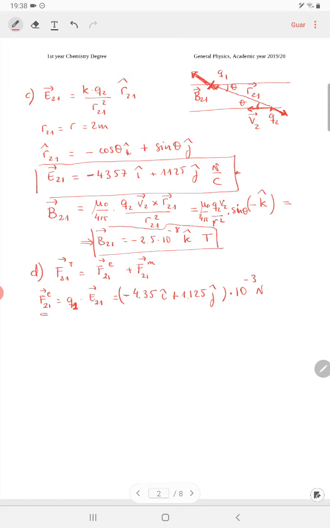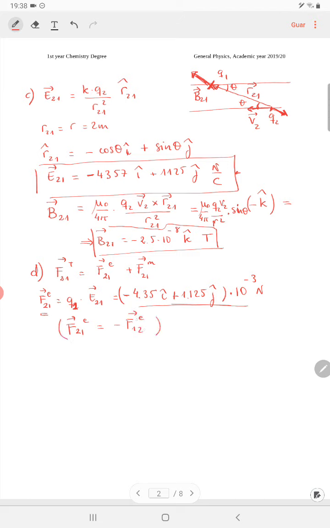This is a force of interaction between two charges. This is the electric part, so they are equal but just have opposite signs. In this case, as the charges are both positive, they have the same sign, the forces repel, and the charges repel each other. So just check that this is the same but with the opposite direction, so F21, the electric one, is equal to minus F12, the electric one.